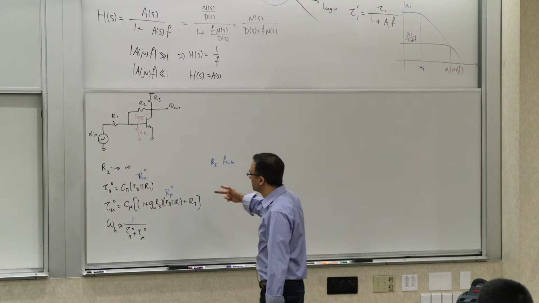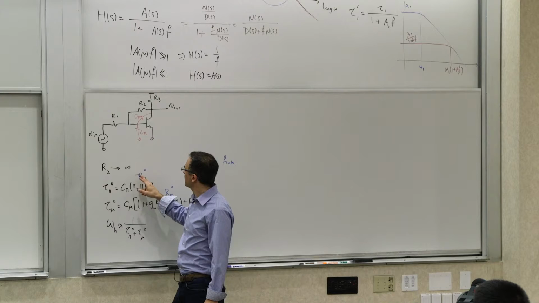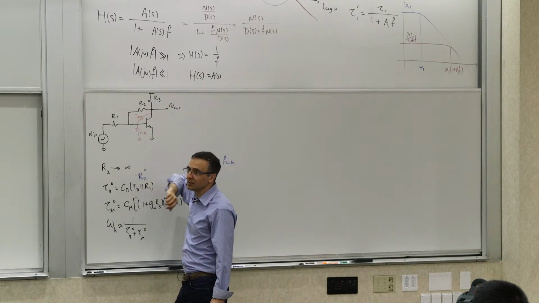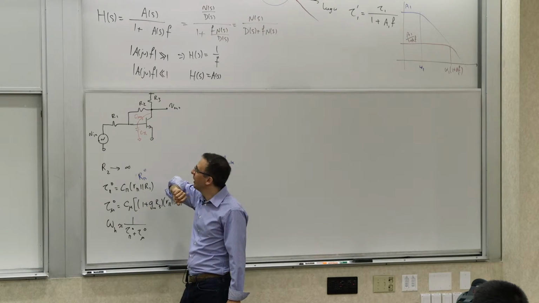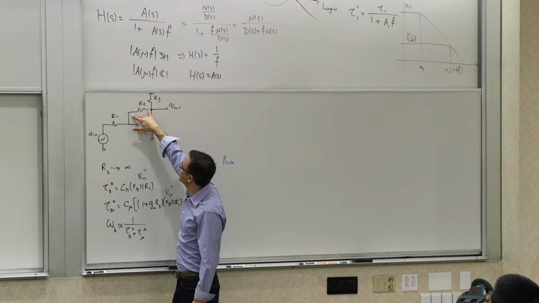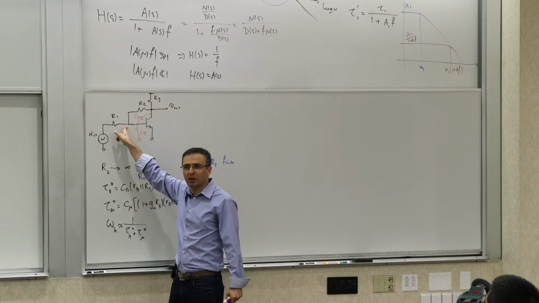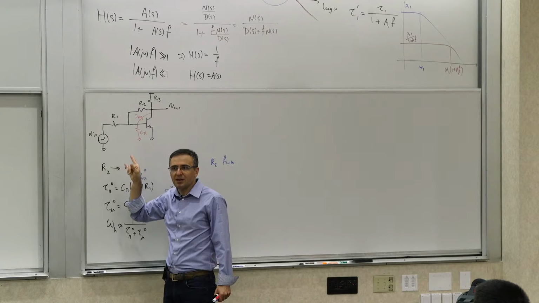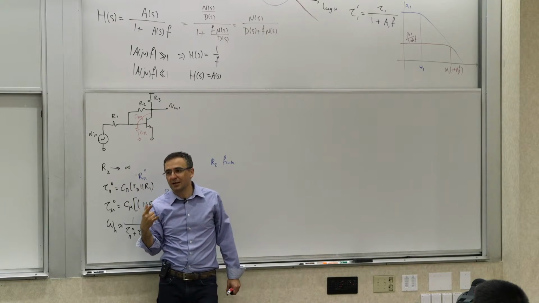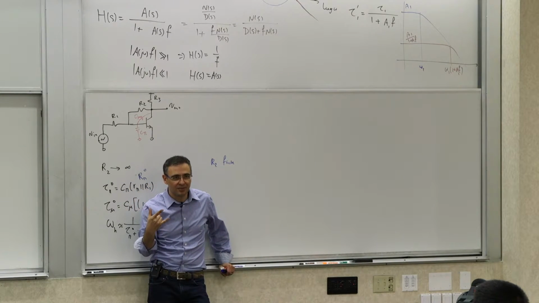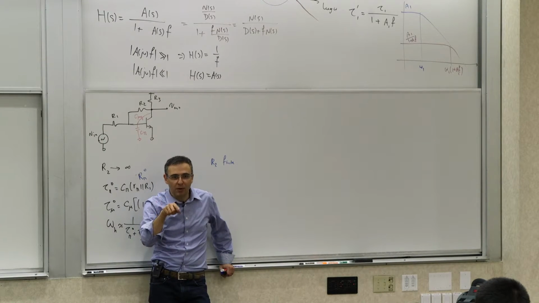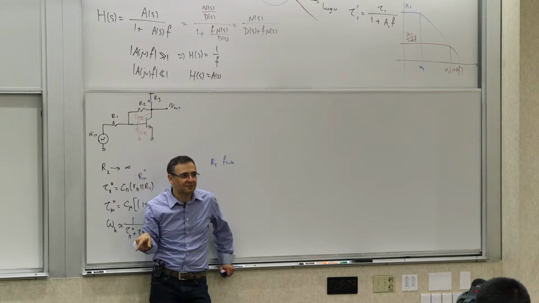How about tau pi? What's going to happen to this resistor if I put a resistor here? Well, one way to think about the effect of resistance at the input is Miller multiplication, right? But remember, Miller multiplication for a resistance, or impedance in general, is going to divide it by 1 plus A. The reason you get multiplied by 1 plus A for a capacitor is that the capacitor's impedance is 1 over Cs.